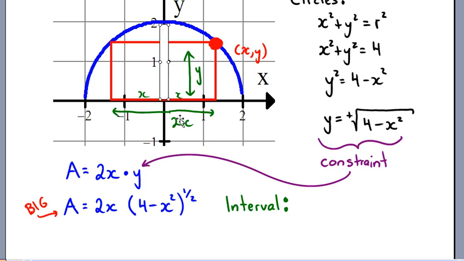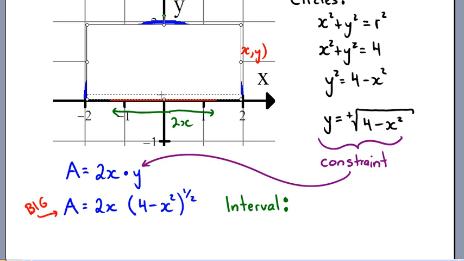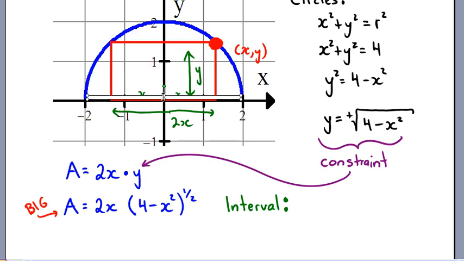Not a great choice. If x went all the way over to 2, then your rectangle would certainly be very wide, but in order to fit inside the circle, it would have to be like totally flat. And those are the two extremes. So in terms of choices for x, we've actually got a closed interval, 0 to 2. It is closed, so that means there is going to be a best answer out there.